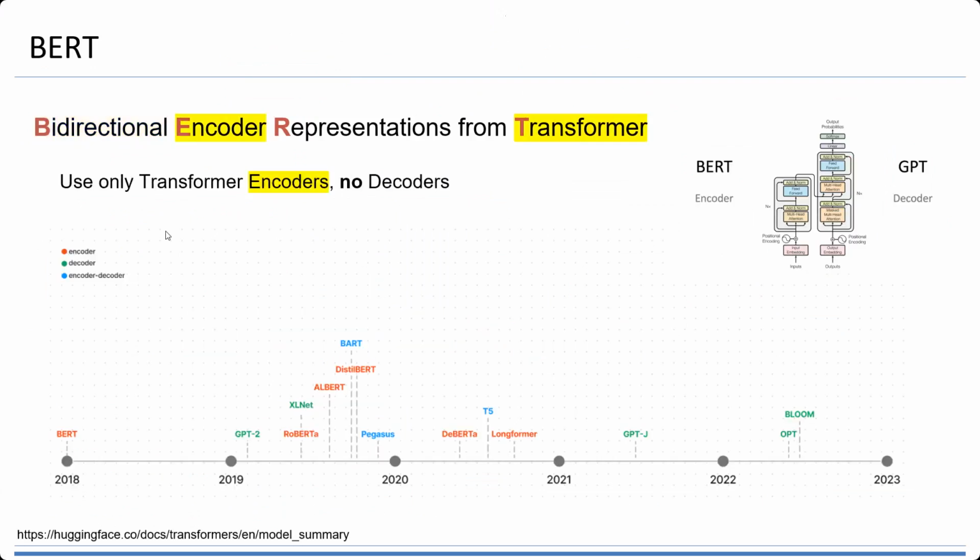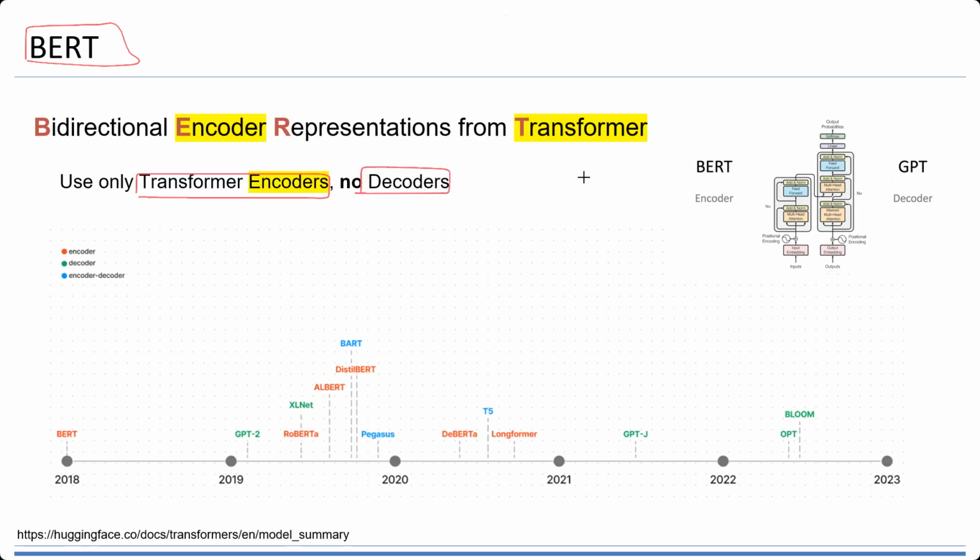The words encoder and transformer. It means this pre-trained model only uses the transformer encoders, and there is no decoder.